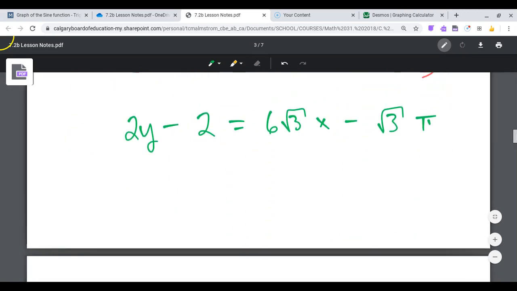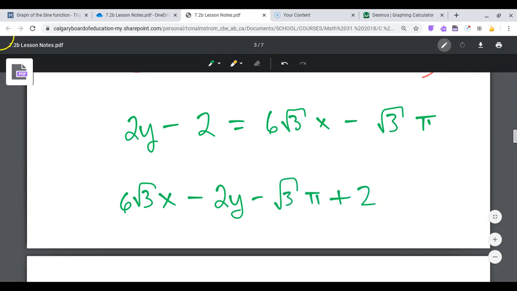And again, if we're going to put this into general form, we want to have the coefficient on x be positive. And so in this case, I'm going to move everything to the right. So I have 6 root 3x minus 2y minus root 3 pi plus 2 is equal to 0.